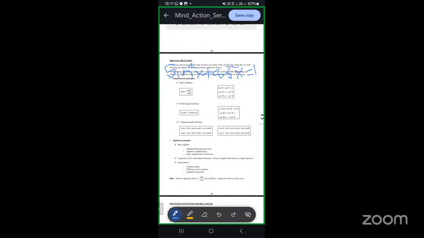You can do something. Let's say now here we are dividing by sine squared x everywhere. Here we will be left with 1 plus.